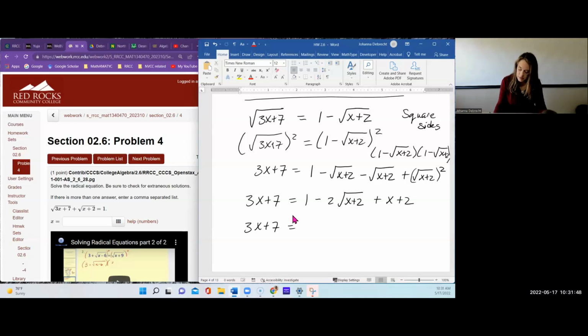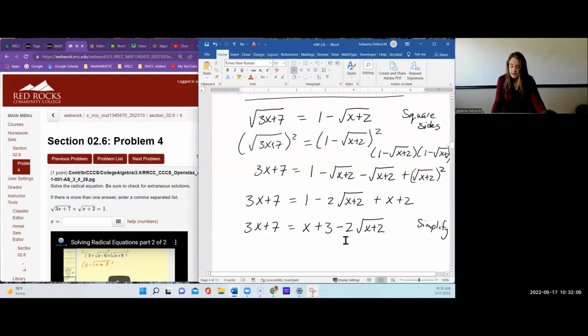Let's go ahead and simplify a little bit and combine our like terms that are already on the same side. I have an x, the 2 plus 1 gives me plus 3, and now a minus 2 the square root of x plus 2.